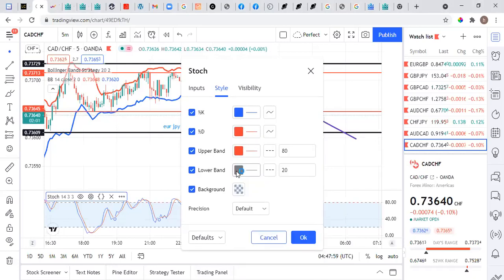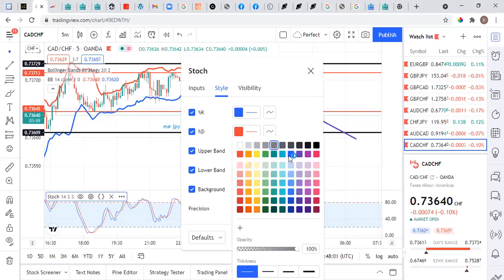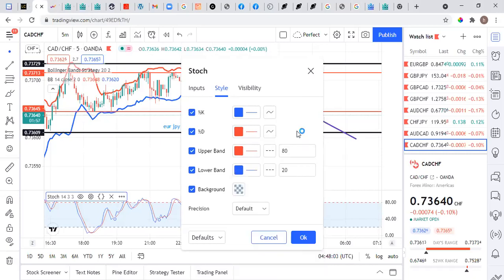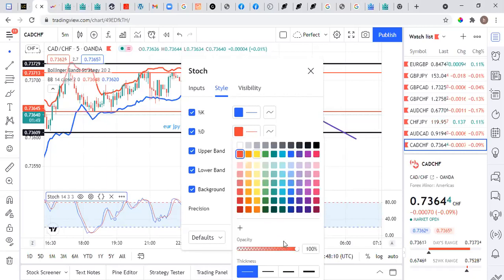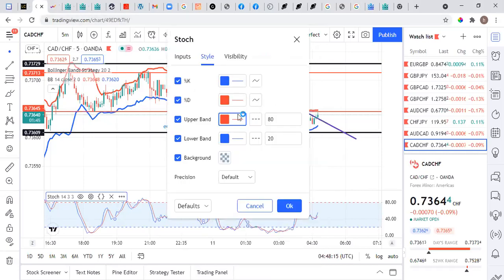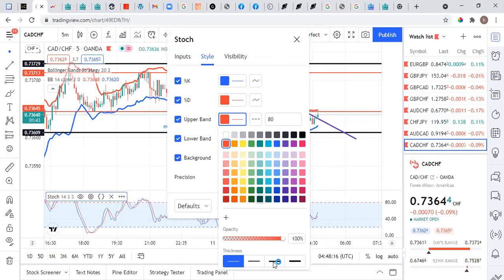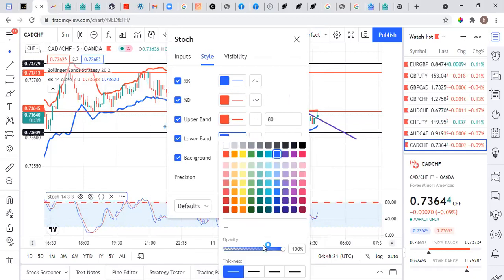That's the red area, time to sell. And the lower band blue, that's the time to buy. I like to have my lines thick so I can see them very well. So have this line thick, and I want this to be thick as well.